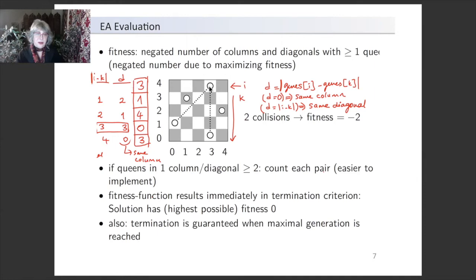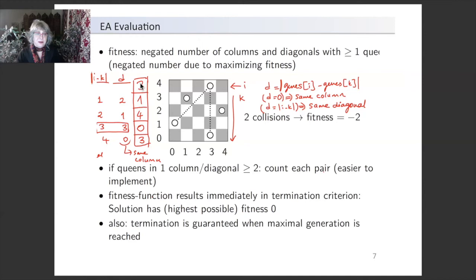Suppose the queen here in row 4 has its position at 3, that is, we are setting I as 4 and gene I is equal to 3. And for each K here, we are going to calculate what D is. Here, the value of the gene is 1.